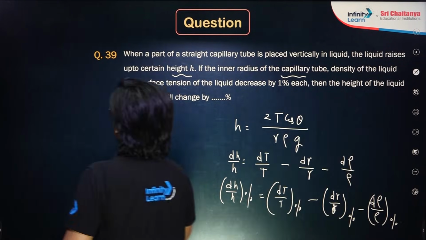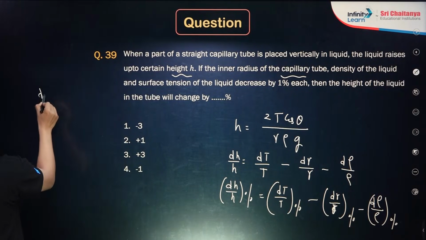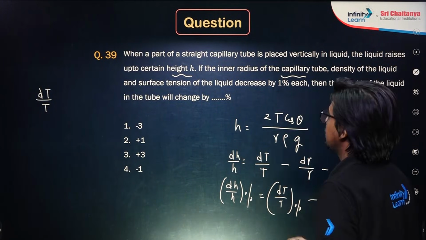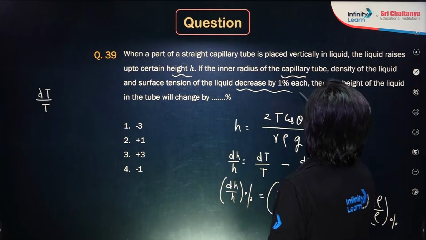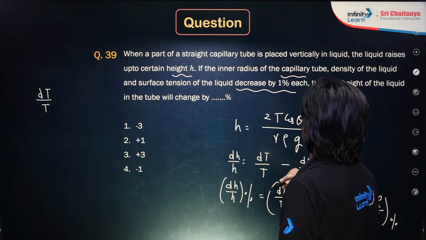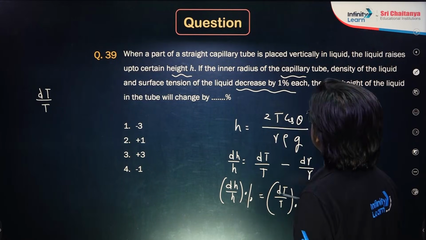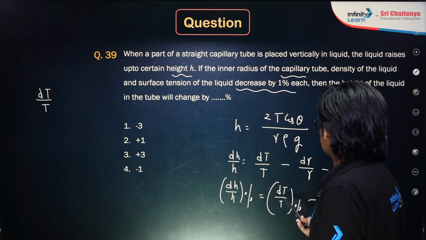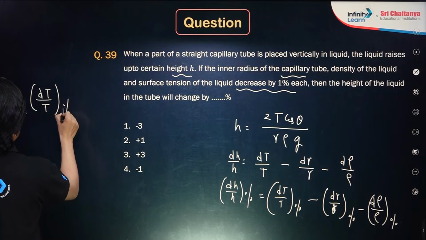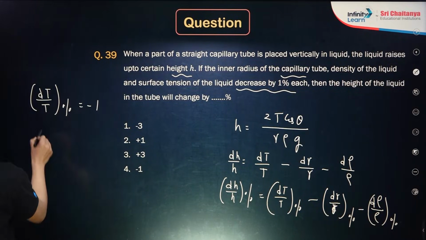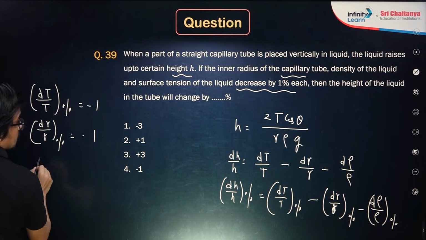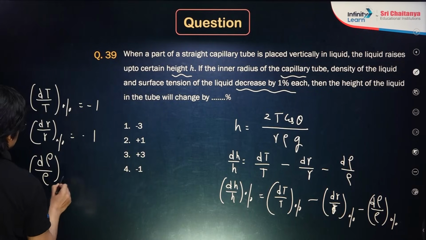Now if the inner radius of the capillary tube, density of the liquid and surface tension of the liquid decreases by 1% each, they all are decreasing. So if you take dt by t in percent, that is actually minus 1. Also dr by r, that is minus 1. Also this d rho by rho, that is minus 1.